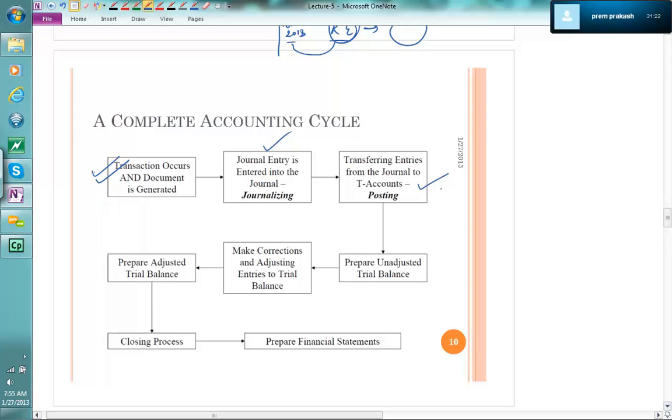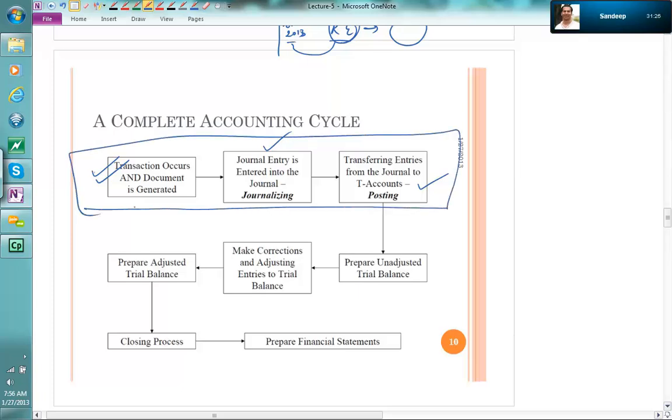And this is done by the day-to-day bookkeeper. So you have a bookkeeper, and the bookkeeper will be doing all these activities. Once all the transactions that occurred in a particular period have been posted, at that point of time you can prepare the unadjusted trial balance.